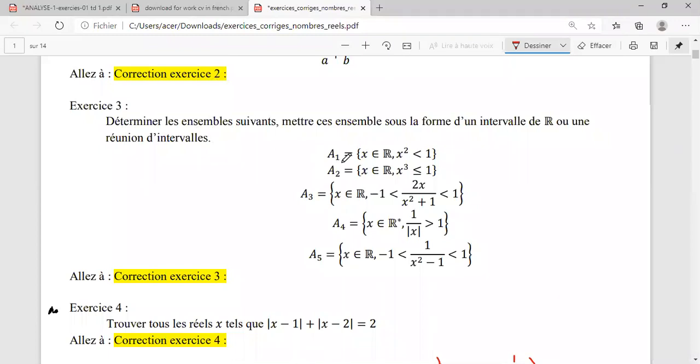So for A1, which is equal to X, and this X belongs to real numbers, we put this under the form of an interval of R or a reunion of intervals. Reunion of intervals means that you put it in a union set.